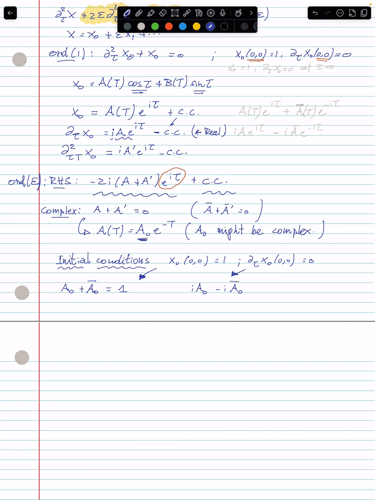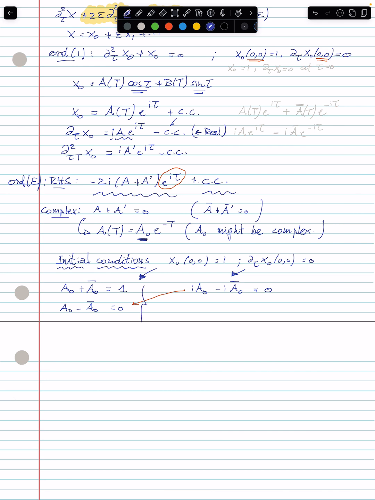And you see that this is in fact plus the complex conjugate of what's in front, just to make sure the final result is something that is real. But in fact this just tells us that a0 minus a0 conjugate is equal to 0. So that's what this equation tells us.